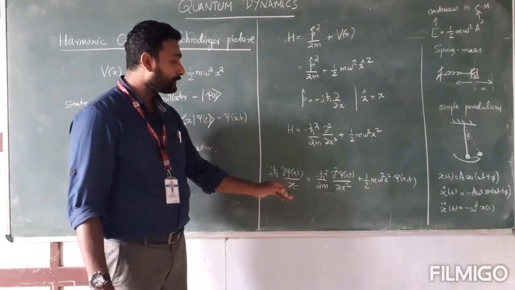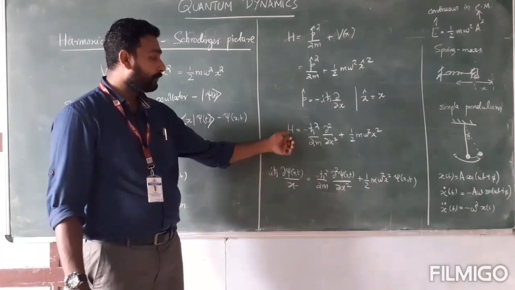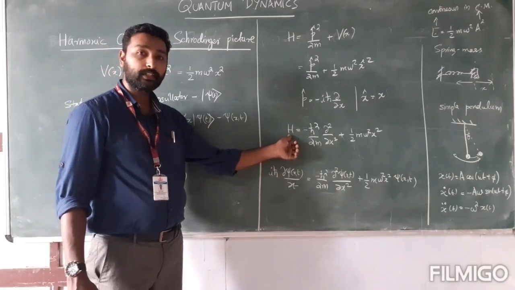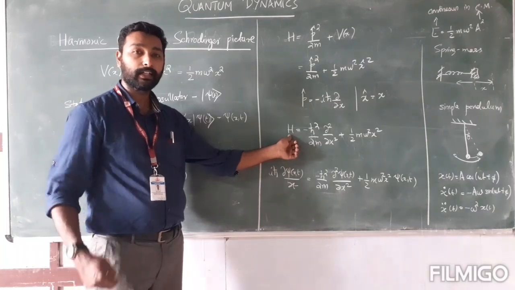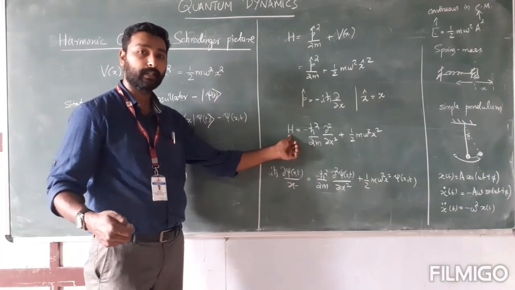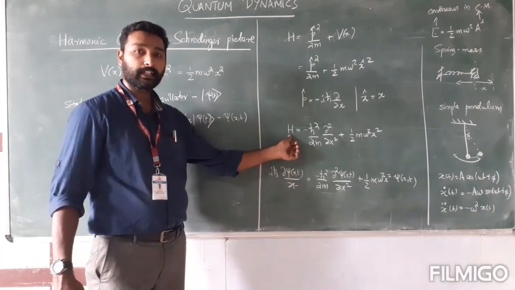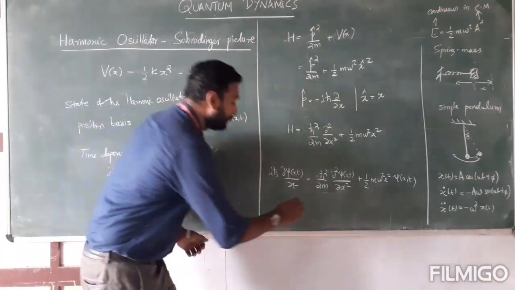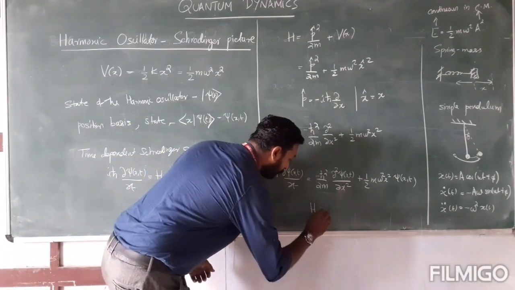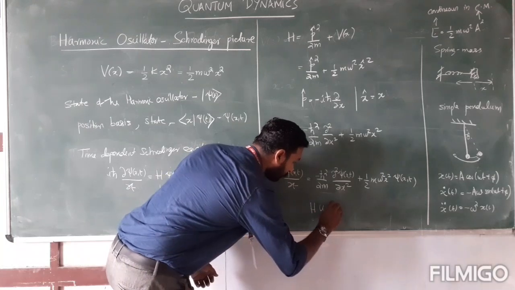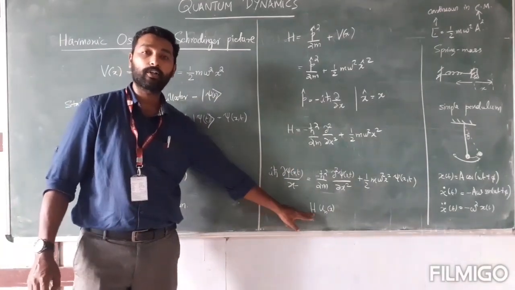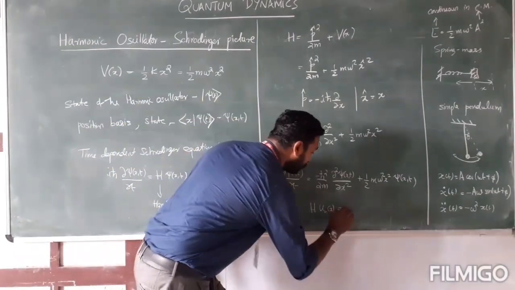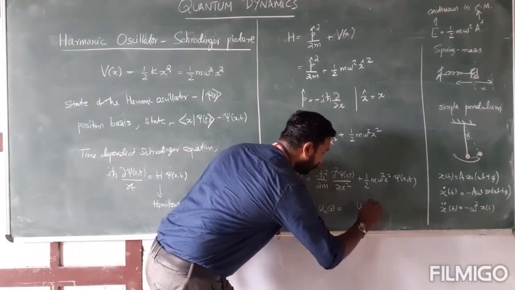For that, the first thing is we have to define the eigenfunction of the Hamiltonian. The eigenfunction of any operator is the function which does not change by the action of the operator. I will denote the eigenfunction of the Hamiltonian as un(x). So the Hamiltonian acting on un(x) will give En un(x).